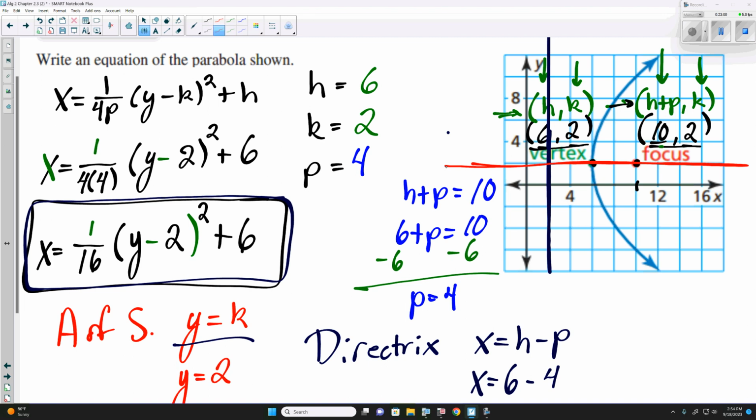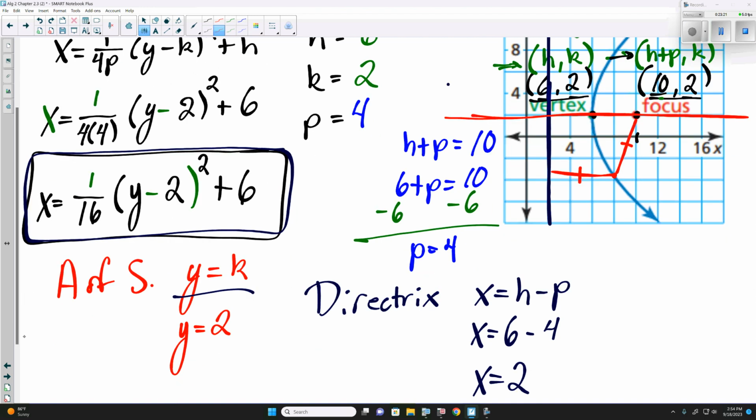And it does work out that for any point on the parabola, the distance to the focus is going to be the same as the distance to the directrix. Those are always going to be the same. I don't know what that would be exactly, and it would take a little bit to get there because it's not at nice points.